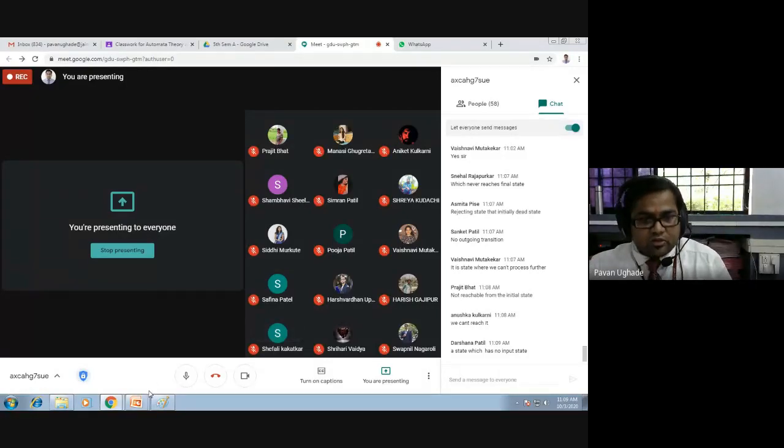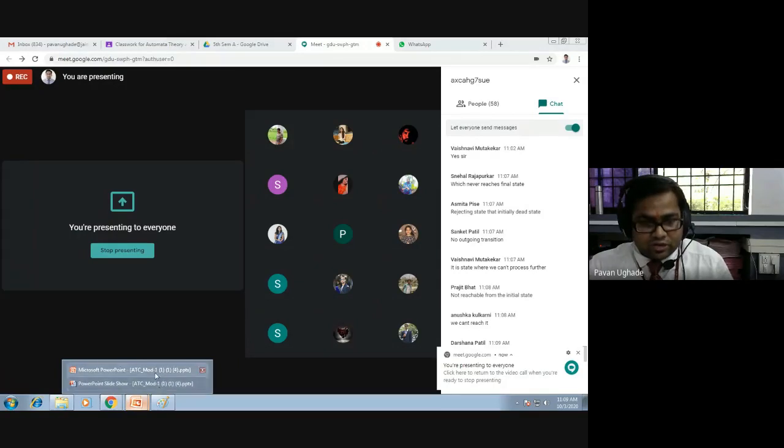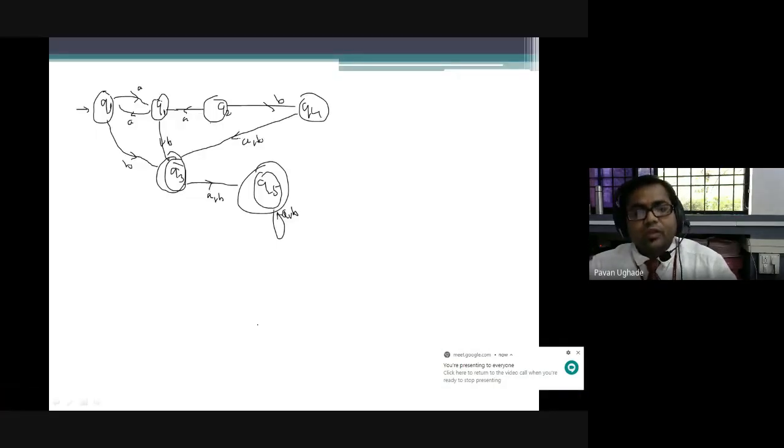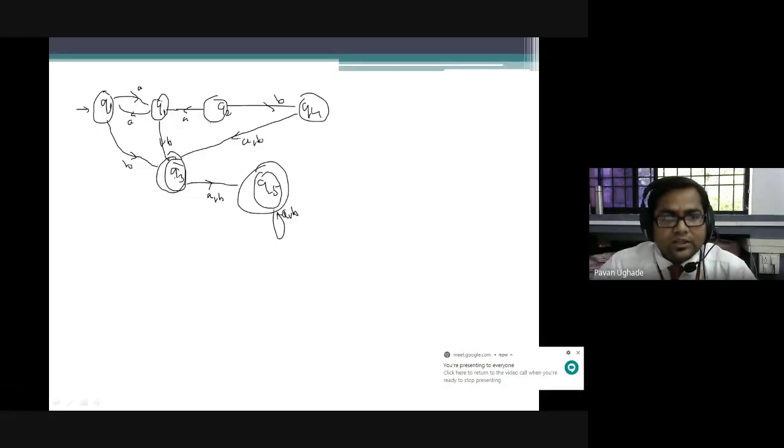So let's go back to the previous question and we'll see. Here we have seen unreachable state and dead state. You are aware. Is there any dead state, guys, in this diagram? Are you finding any dead state? And let me make a point. A dead state cannot be a final state.